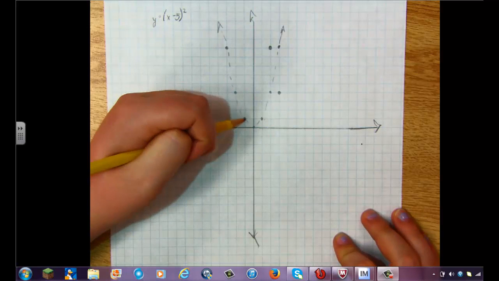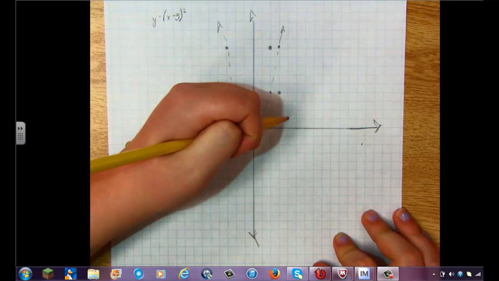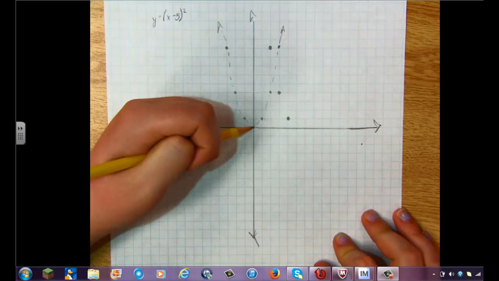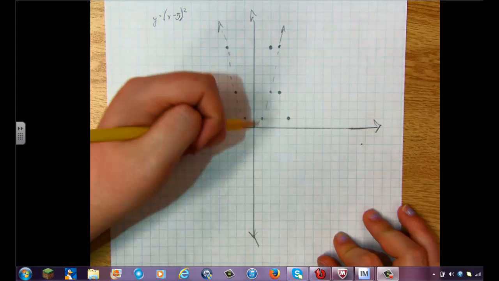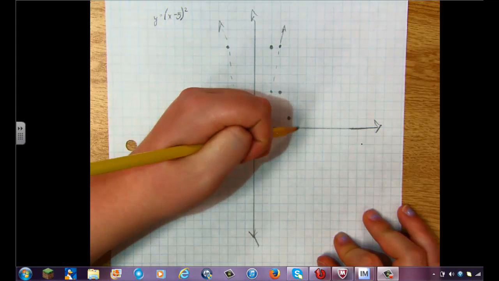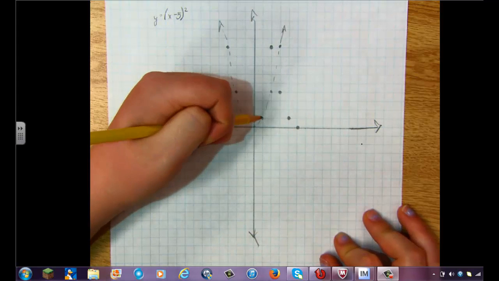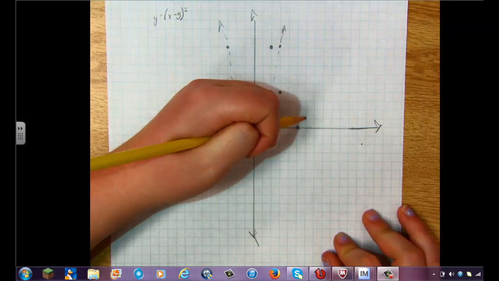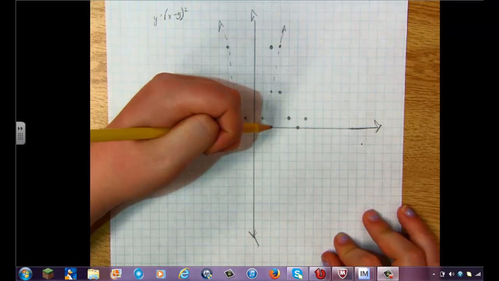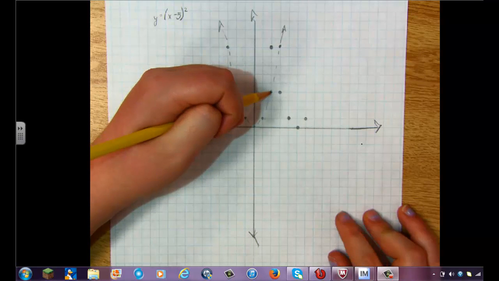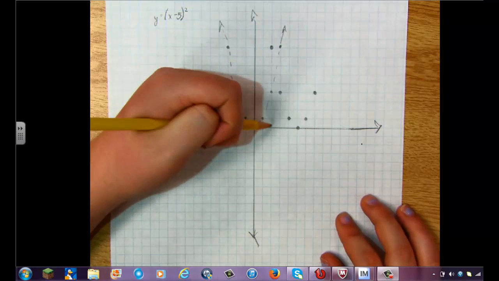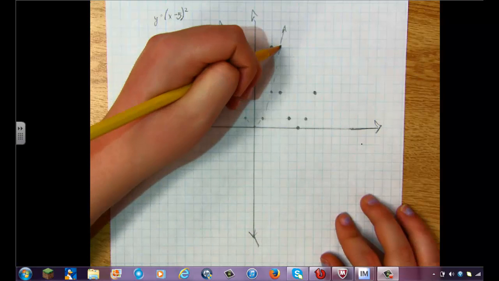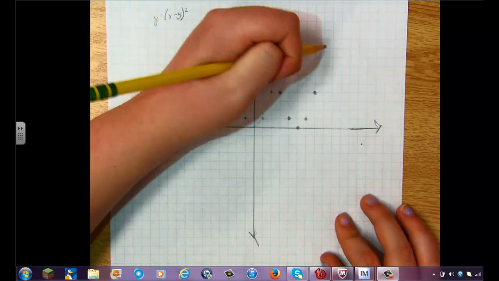Negative 1, 1 would be positive 4, 1. 0, 0 would be 5, 0. And 1, 1 would be 6, 1. 2, 4 would be 7, 4. And 3, 9 would be 8, 9.